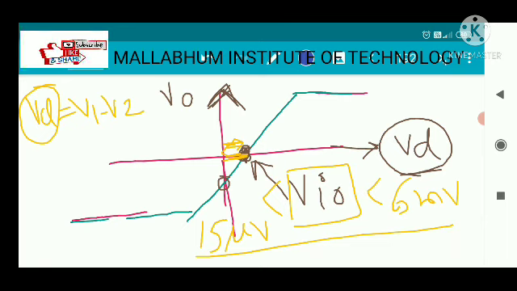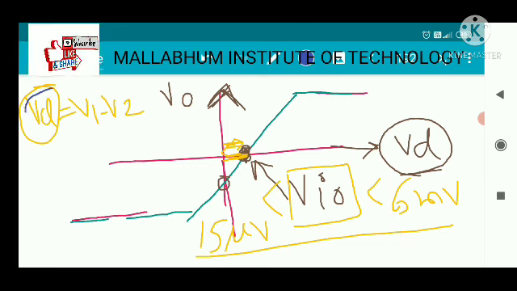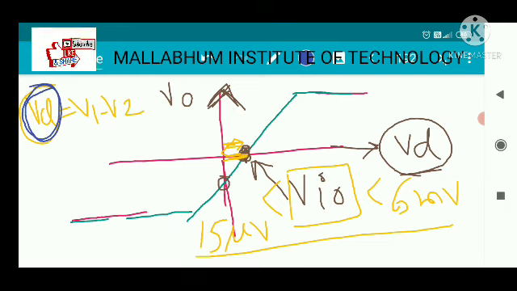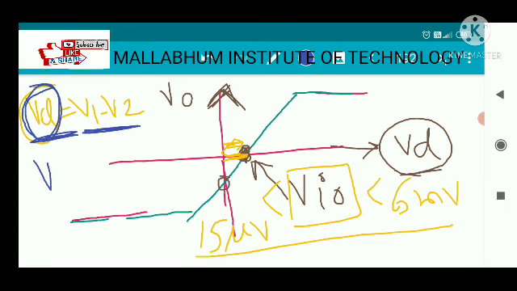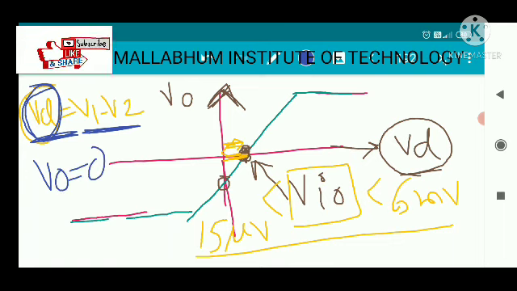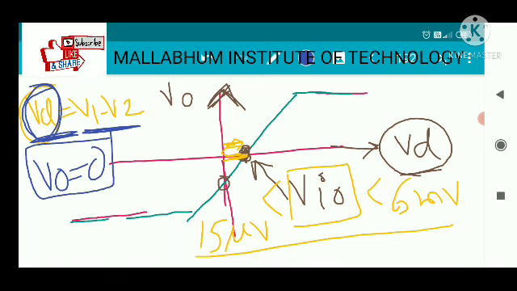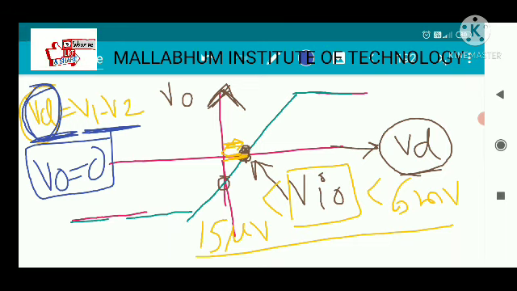But practically it does not happen, due to the mismatch of the transistors. So we apply some amount of voltage between the two terminals of the operational amplifier so that the output voltage will be 0. That voltage is called the input offset voltage. That is the origin of the input offset voltage, and graphically this point is here.